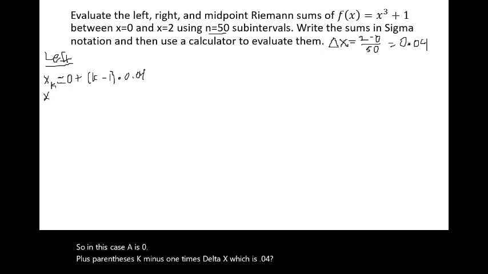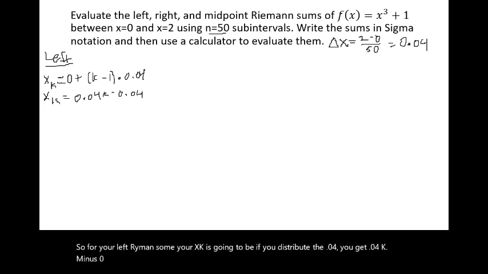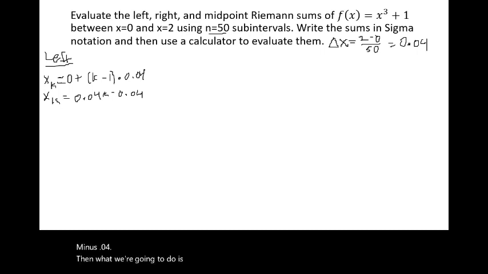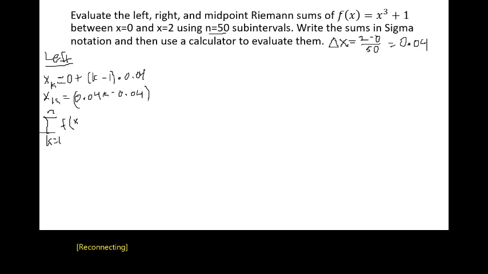So for your left Riemann sum, your x sub k is going to be, if you distribute the 0.04, 0.04k minus 0.04. Then we're going to plug that x sub k with parentheses around it into this Riemann sum. So the sum is going to be from k equals 1 to n of f of x sub k times delta x.